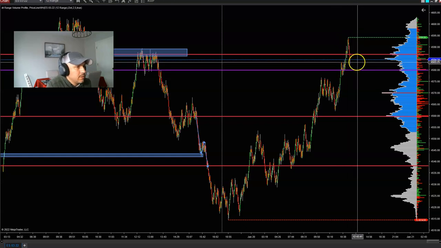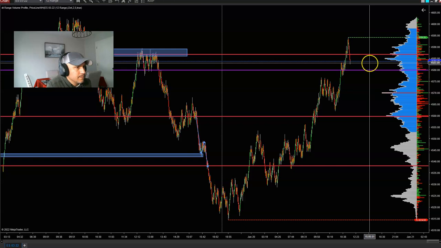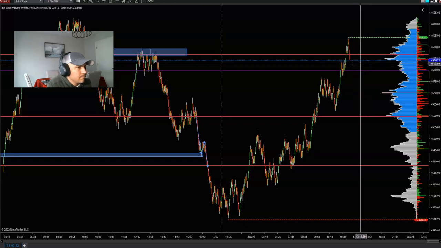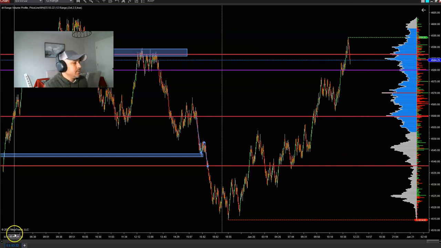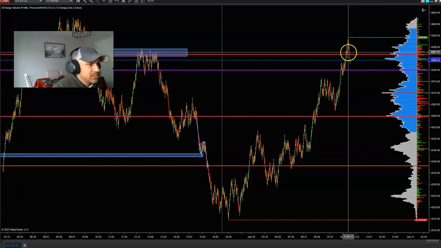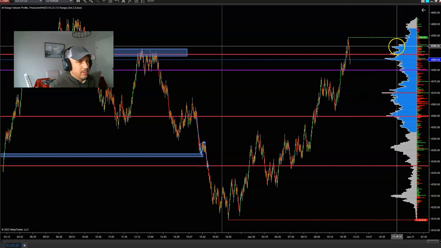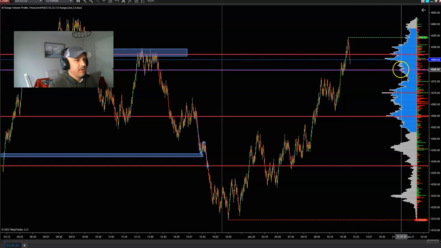Still pushing lower. Yeah, let's see what happens here. It could come lower down here to 80. So price broke through this area here. Could come lower. So you got to pay attention to your volume area.